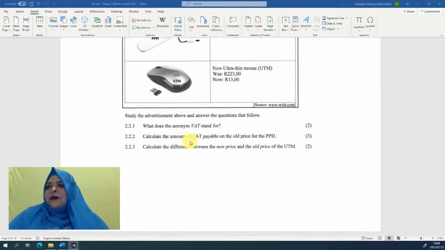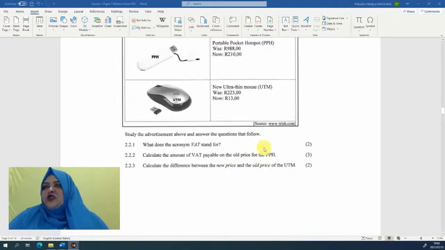VAT, what does it stand for? 2.2.2. Calculate the amount of VAT payable on the old price for the PPH. Now, PPH is your portable pocket hotspot.